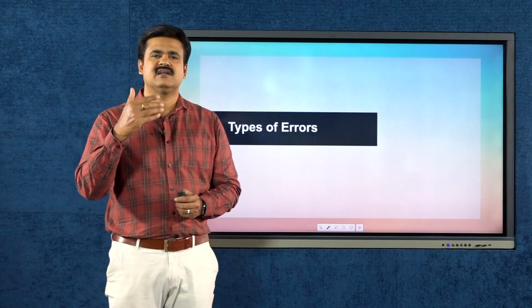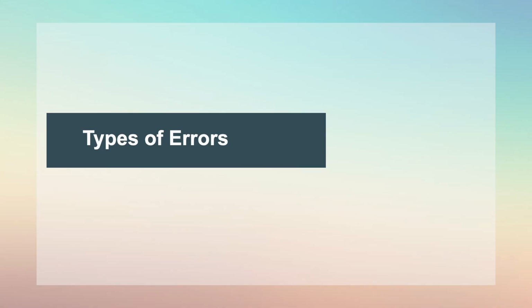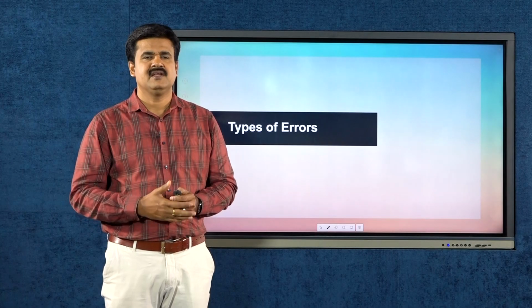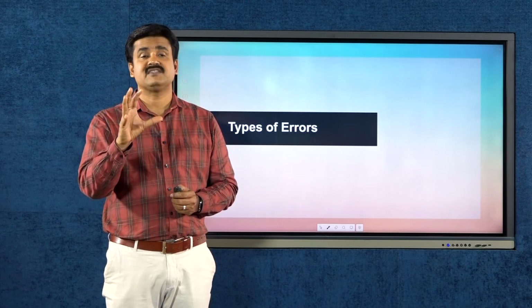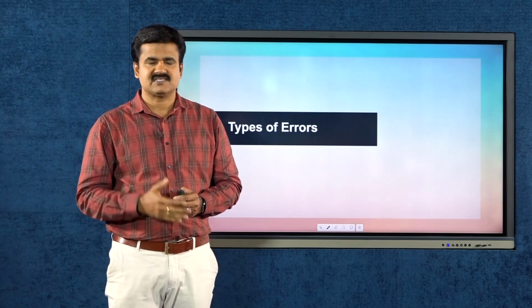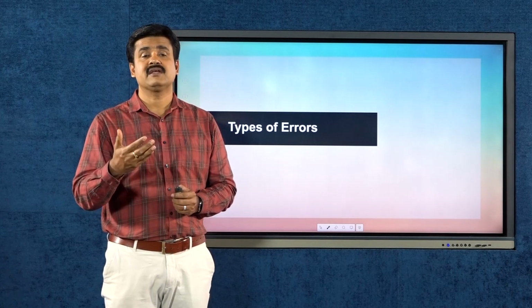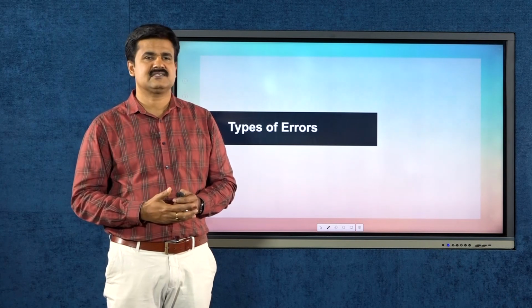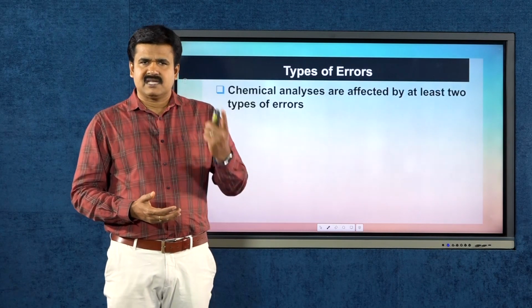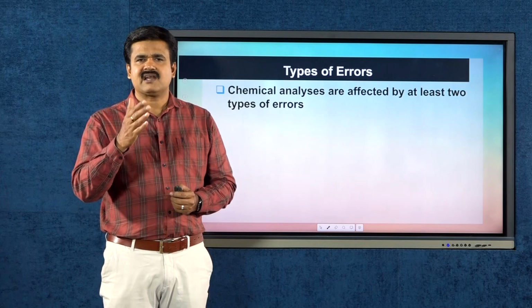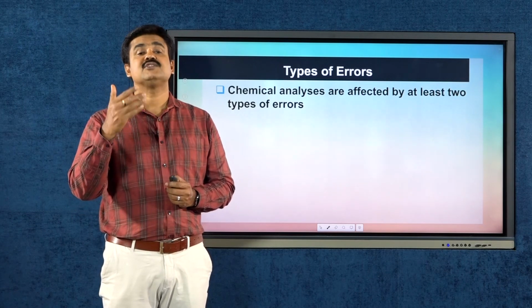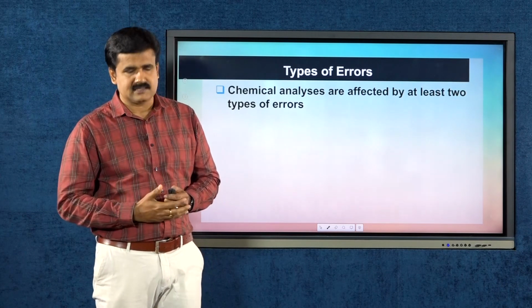Now, we are discussing different types of errors. This is a very important core part of this discussion, and we are focusing on several kinds of errors that may occur during quantitative analysis. Chemical analyses are affected by at least two important types of errors.